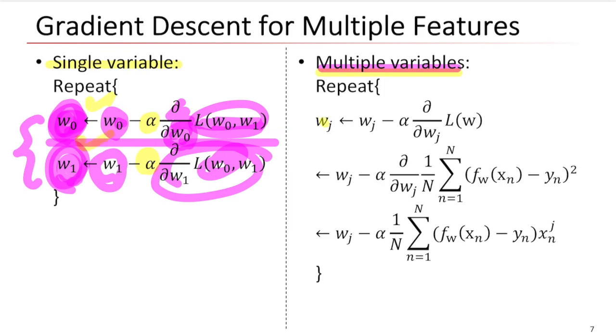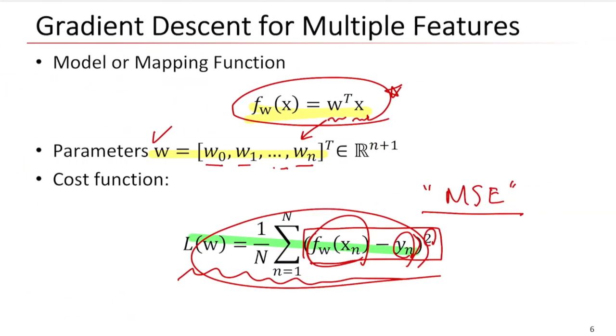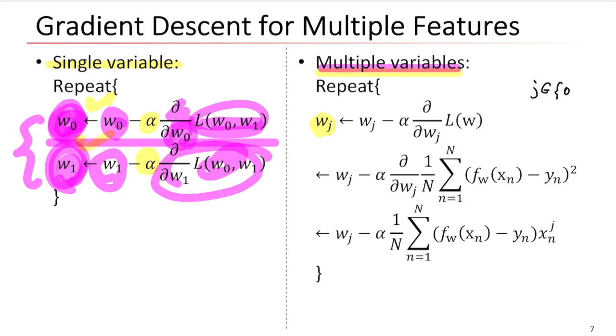Comparing to this one, we need a wj, where j starts from 0, 1, through n, right?